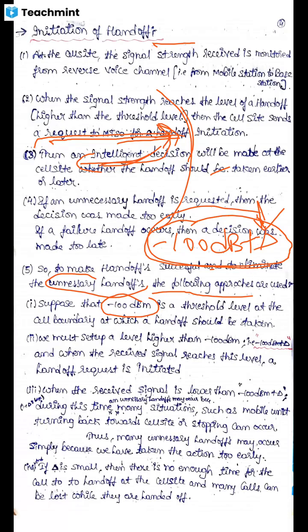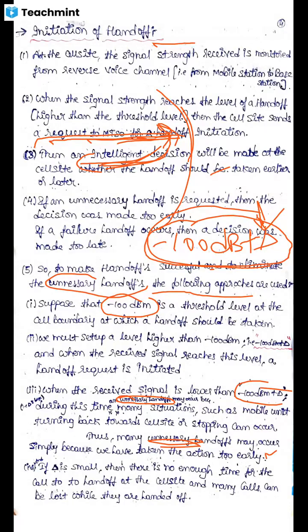So here the handoff has failed because the mobile unit has turned back to the base station. These failures are called unnecessary handoffs, which may occur when the delta value is large. Thus, many unnecessary handoffs may occur simply because we have taken the action too early.